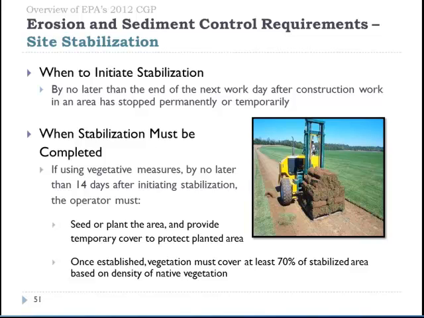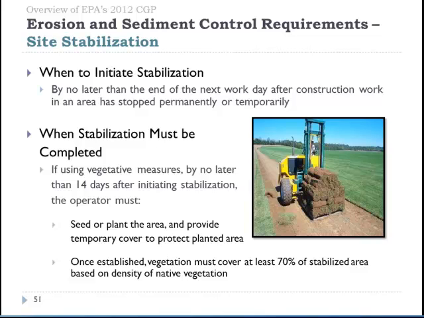And in our permit, similarly, we've adopted the requirement that by no later than the end of the next workday after construction work in an area of the site has stopped, either permanently or temporarily, which is defined as a stoppage of 14 or more days, stabilization be initiated.